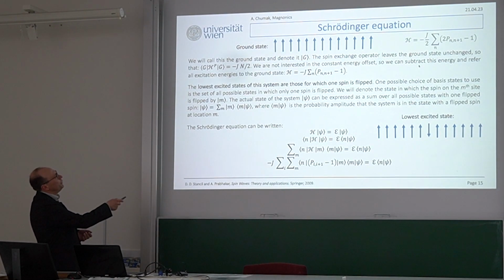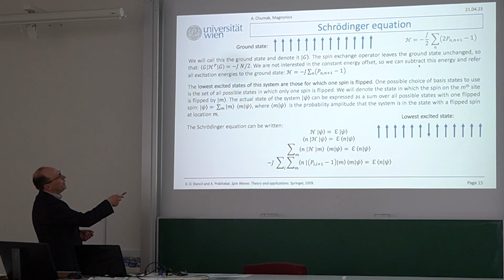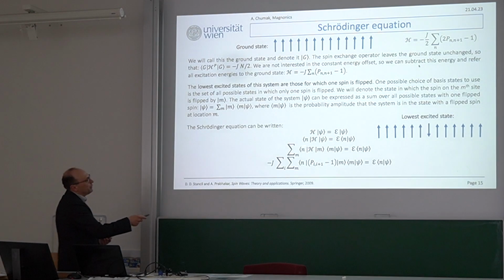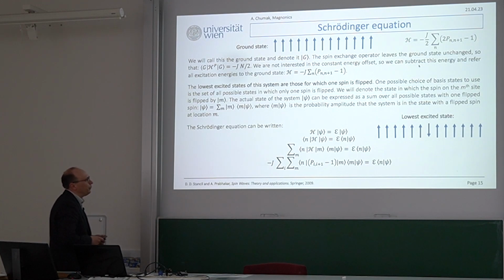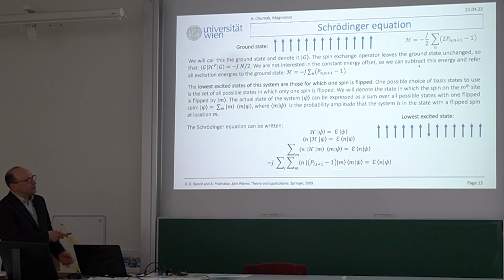Next step, we use this property and we replace this psi with this sum. And then what happens, we have bra n Hamiltonian ket m, and here we still have the same factor.